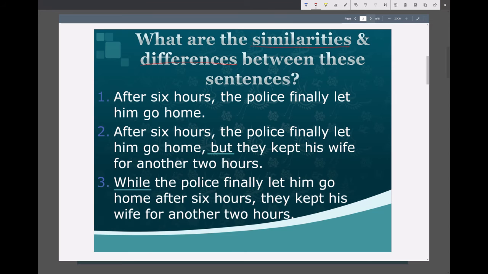Well, let's take a look with the first sentence. First we're going to find the different clauses. We'll read the first one again, after 6 hours. So that's a dependent clause. Actually, it's not a clause at all. There's no subject or verb. It's an introductory phrase.